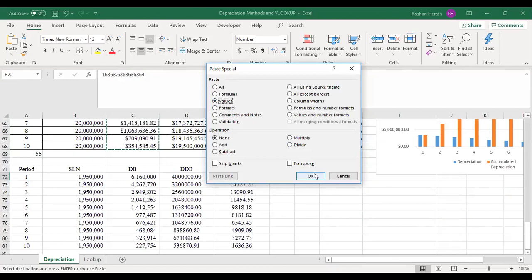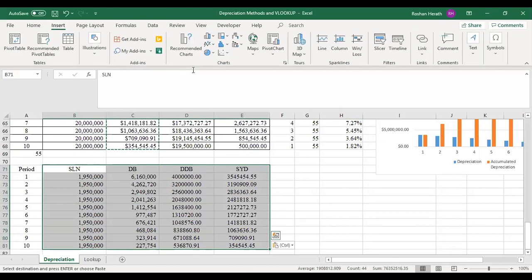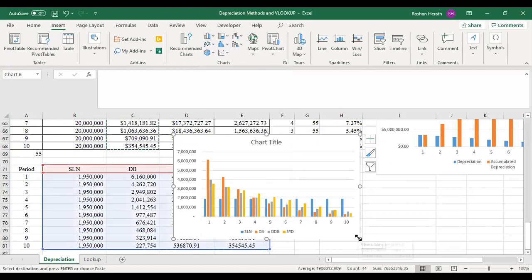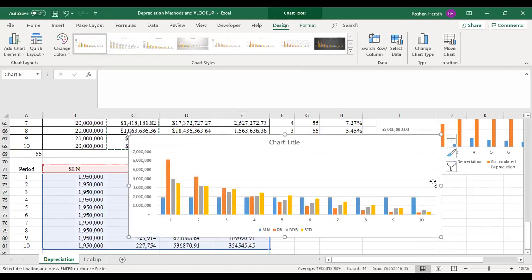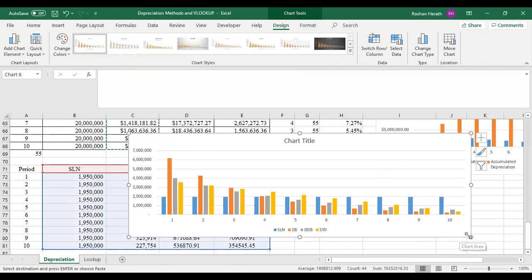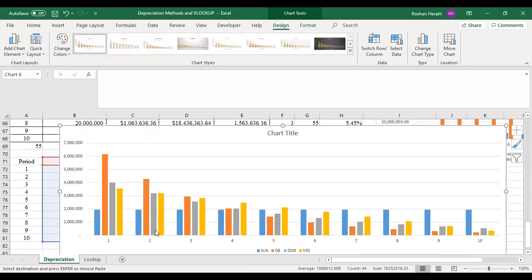Right, having done that, now you can compare that. You can select the entire thing, and as usual, you can go to insert and select a suitable chart. Right, so here we have the comparison across the years. So you can see, a stronger representation is there, right? Since the number of years is greater, you cannot see some of it. Once you enlarge that, you can see that clearly, right?